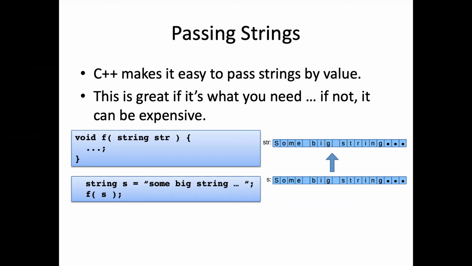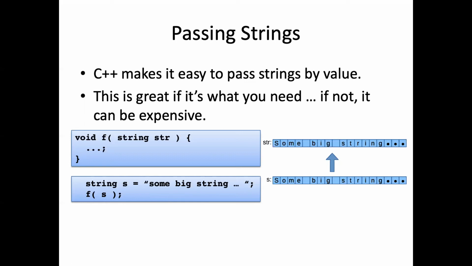Down there in the client code, I make a big string and I call f, passing the string to it. Since I didn't say anything otherwise, this function f is going to get a copy of the string that you passed in, kind of like I'm showing here on the right. Inside this function, if you modified the string, and you can do that in C++, you're not changing the caller's string, you're changing your copy of that string.